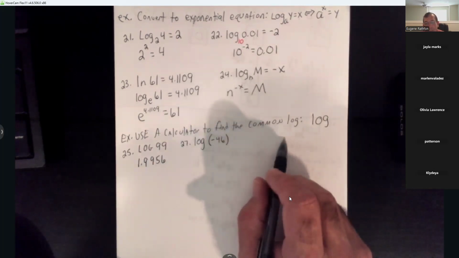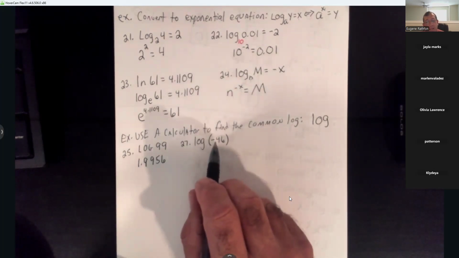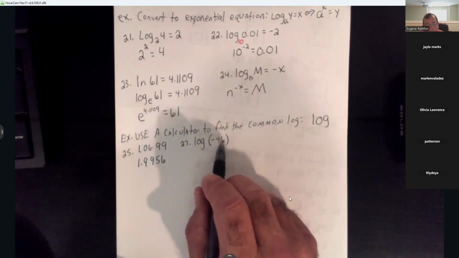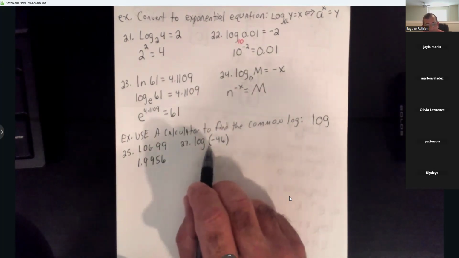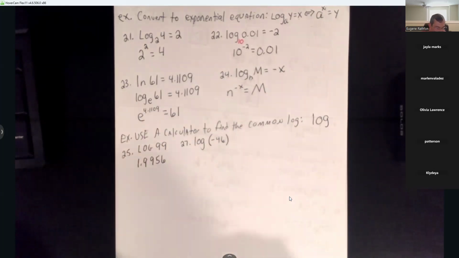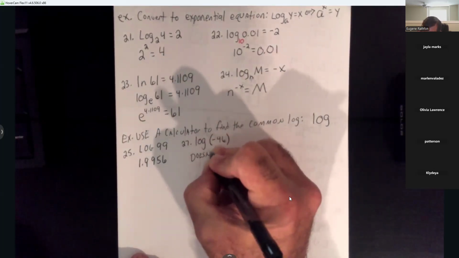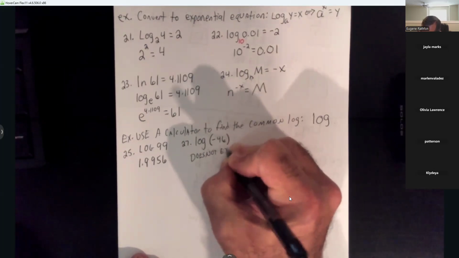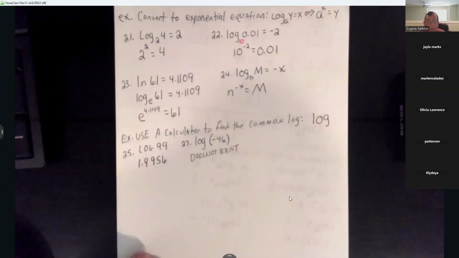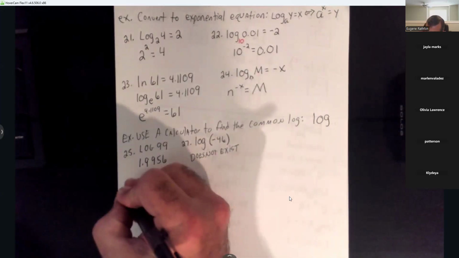So there's no exponent that I can raise 10 to turn it into a negative number. Nothing I can do to a 10 will ever make it negative. So we say that this does not exist. There's no way to turn any number into a negative number using exponents, okay?